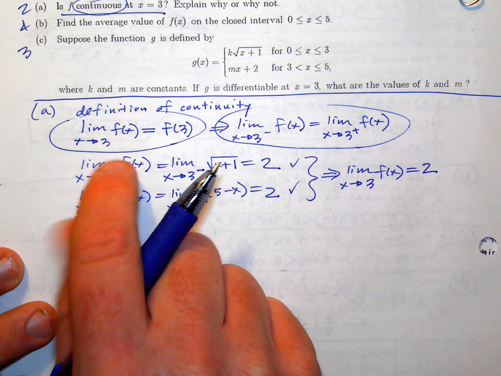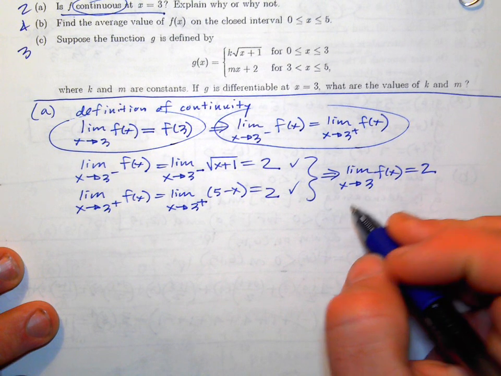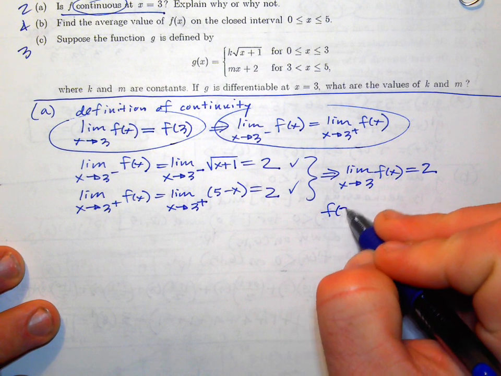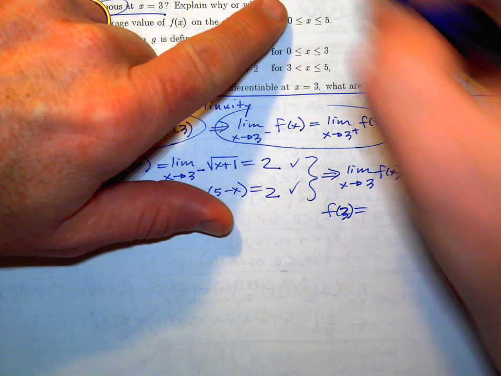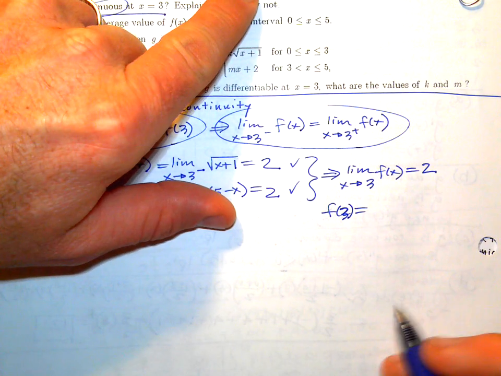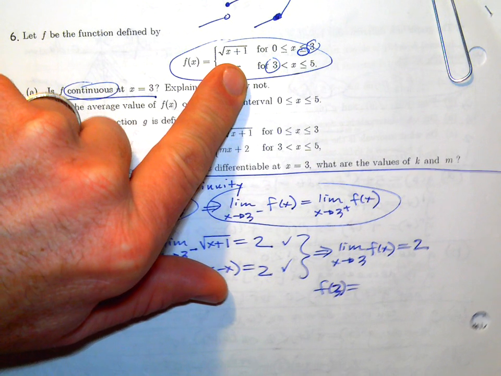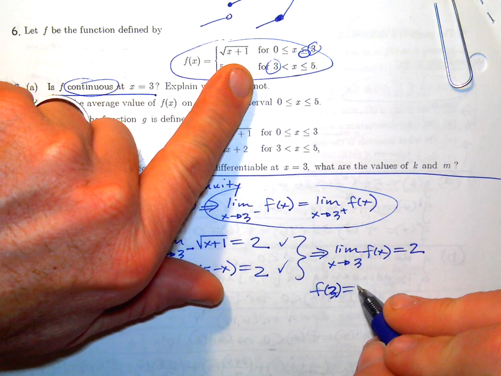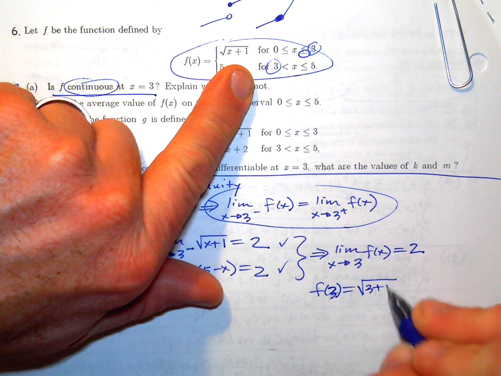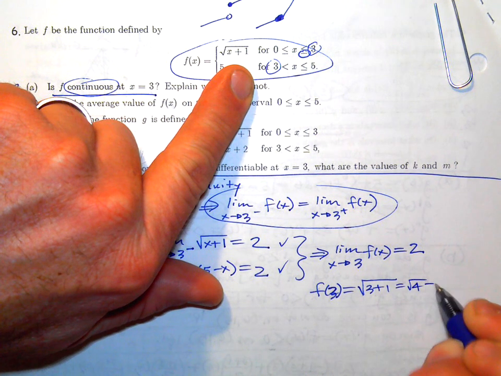Now, the actual value of the function at 3, if you plug it in, we're supposed to use the first one, right? That one has the 'or equal to' at 3. So we say, okay, that's the square root of 3 plus 1, which is the square root of 4, which is 2.